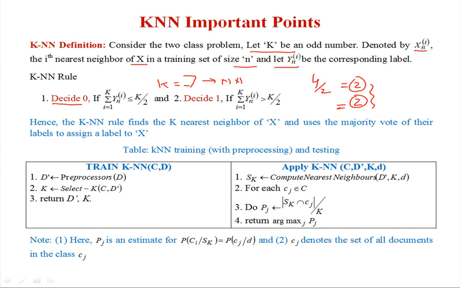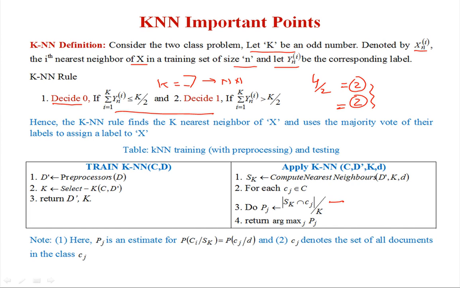Now the test set, how to apply K nearest neighbor. Suppose a document comes, then we will take it based on this formula. This intersection shows how many of the nearest neighbors belong to the same class, and then select pj and calculate the argmax.